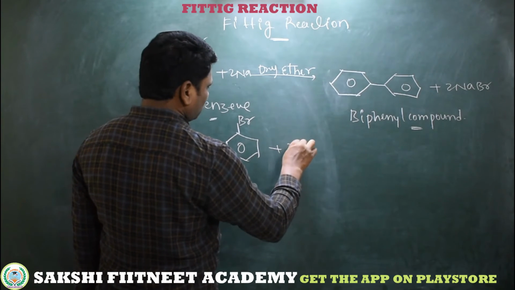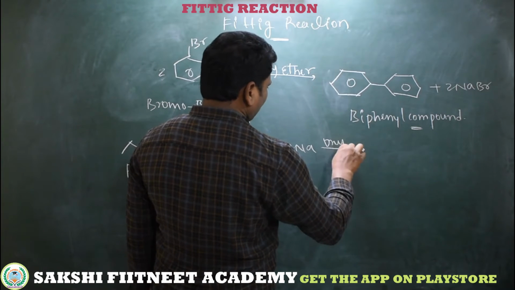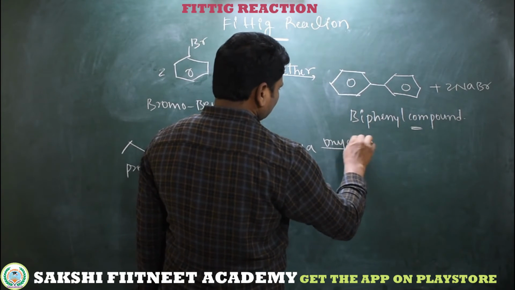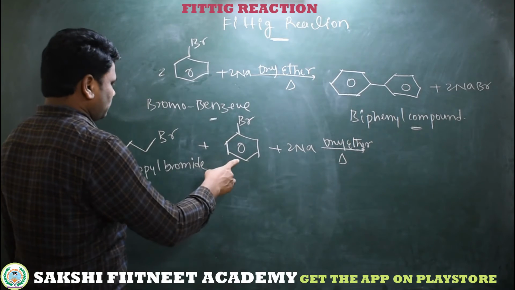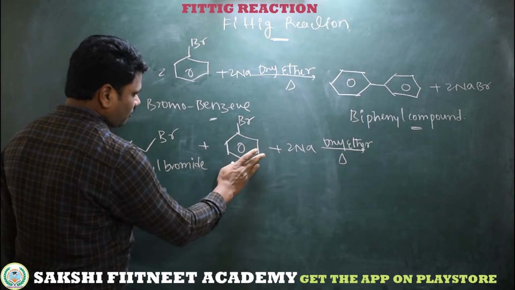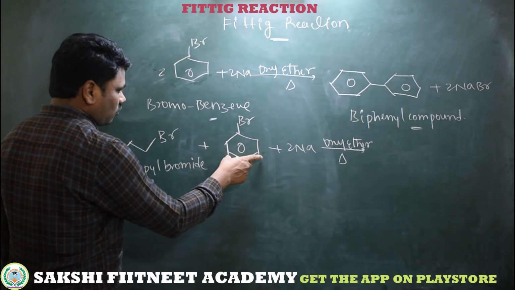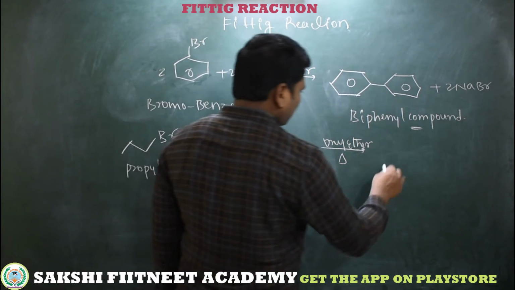Same, treat with 2 moles of sodium metal in dry ether solvent. Upon heating we will get this fused compound, that is a coupling between this aromatic ring with this aliphatic chain.